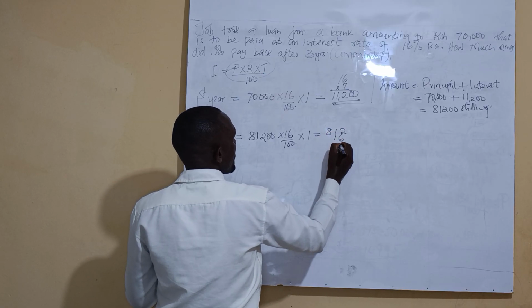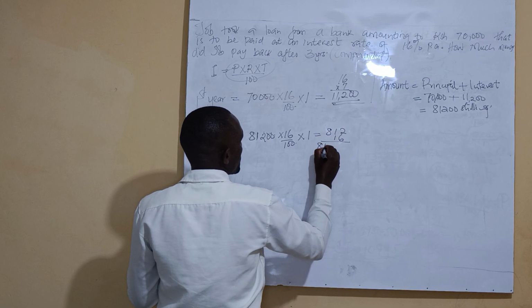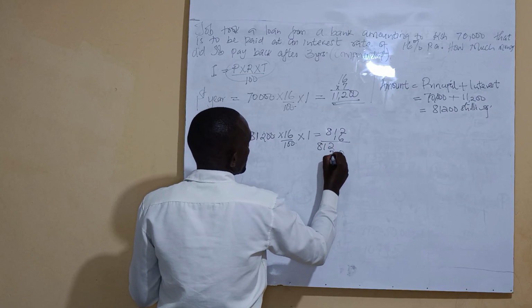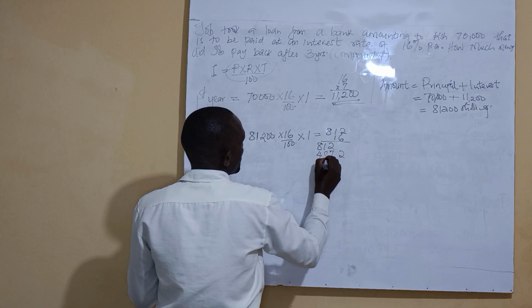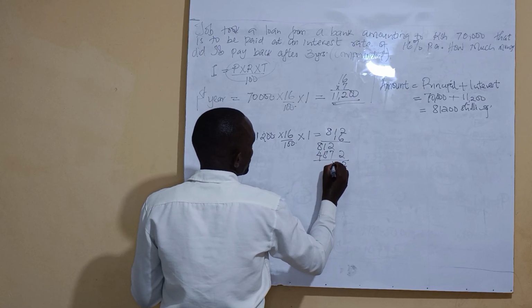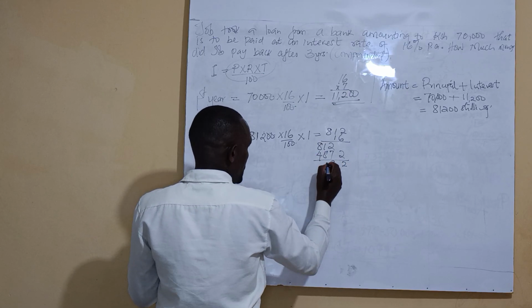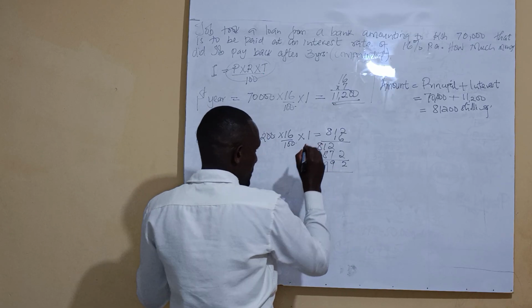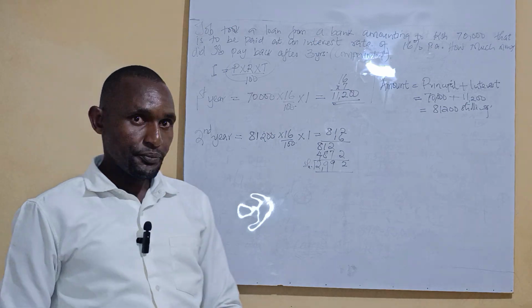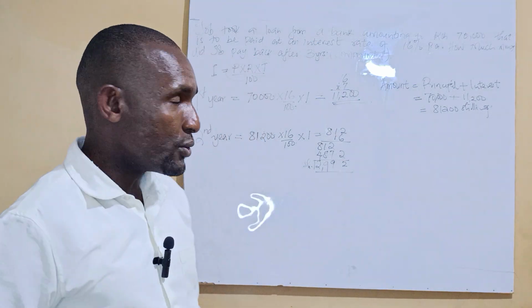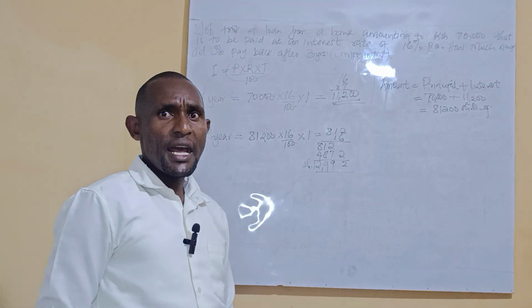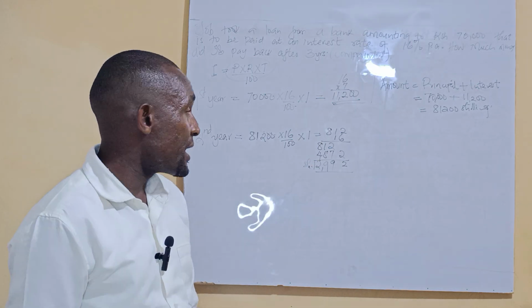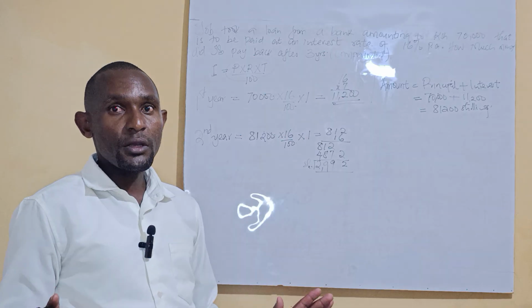You multiply 812 by 16 to get 12,992. So 12,992 is simply the interest for the second year. Interest alone.